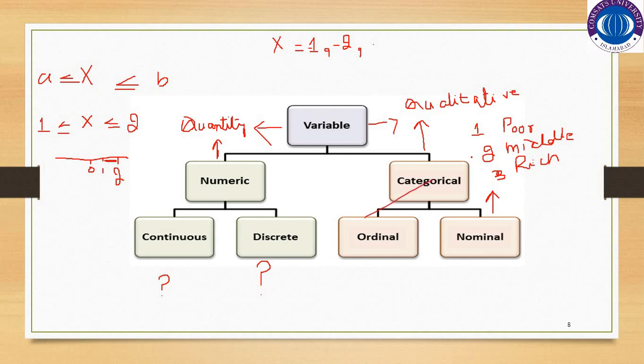So this would be ordinal data. So this is the difference between ordinal and nominal. In both cases, your data is categorical, or you can say that it is qualitative. But what you are doing, you are naming the outcome, and they could be in order or without order. If they are in order, it would be an ordinal variable, or if you are just randomly naming them, it would be nominal.